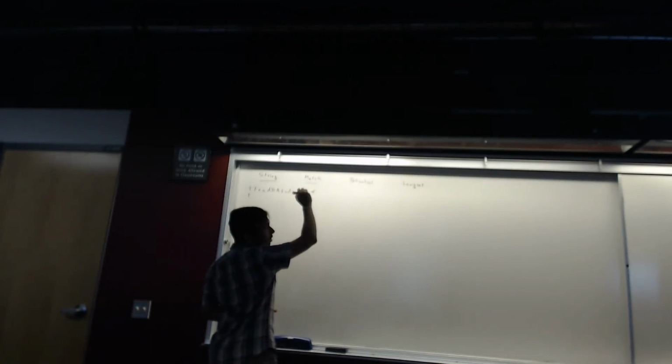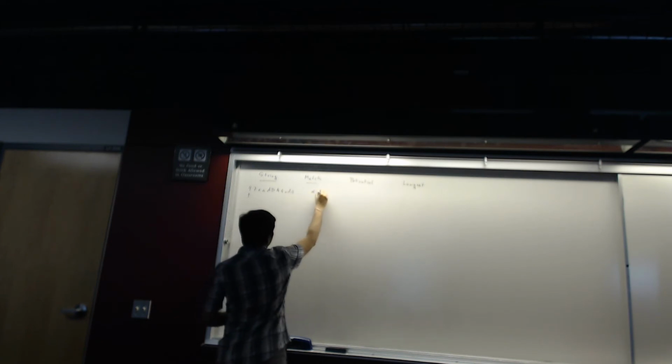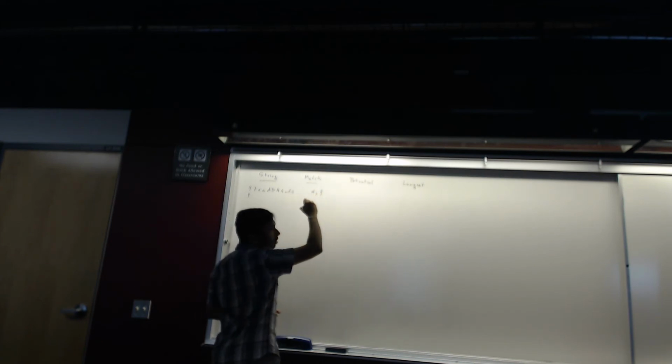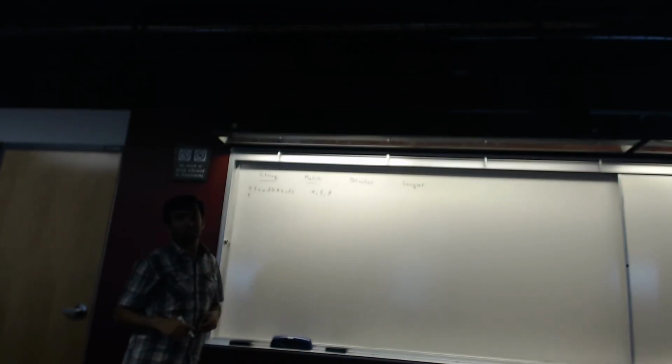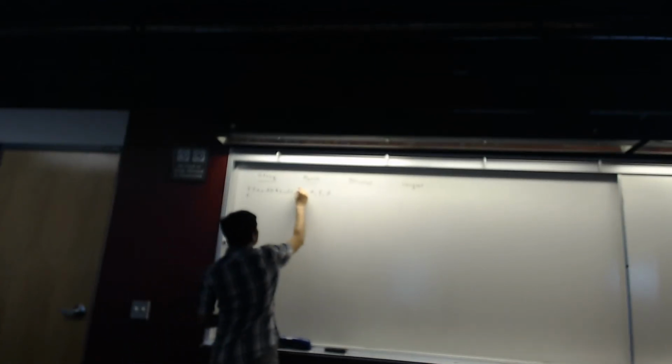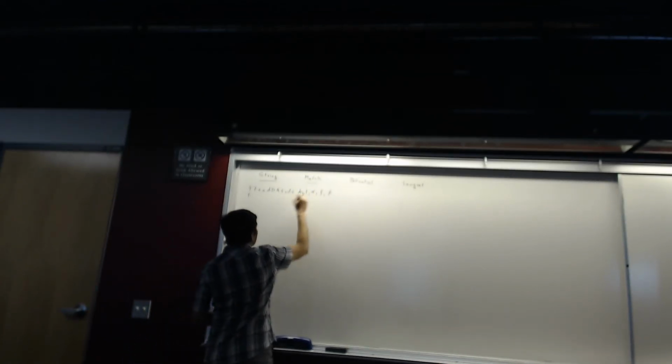Rho is a match. Phi is a match. Anything else that is a match? You're forgetting the first one. The digit is a match. Right? Digit, alpha, rho, and phi. All these are matches.